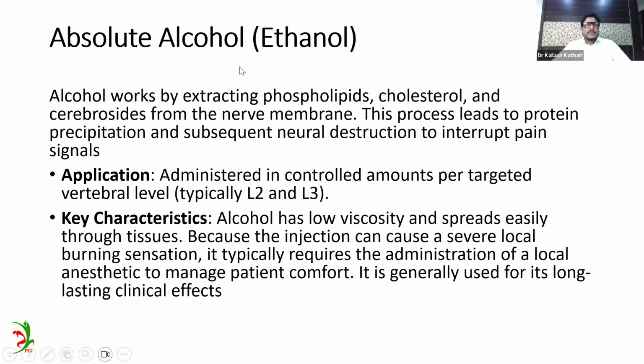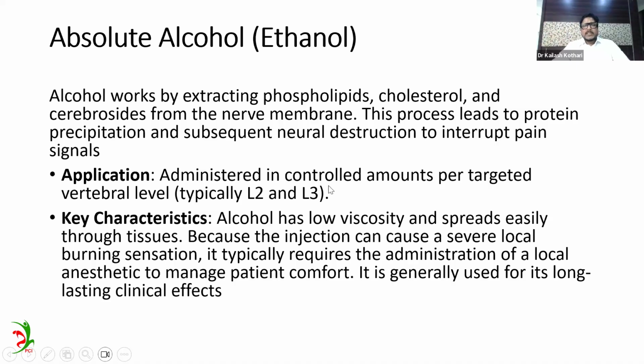So, coming to absolute alcohol, the alcohol normally works by extracting the phospholipids, cholesterol, and cerebrosides from the nerve membrane. So it basically dehydrates the nerves, and the process leads to protein precipitation and subsequent neural destruction to interrupt the pain signal.